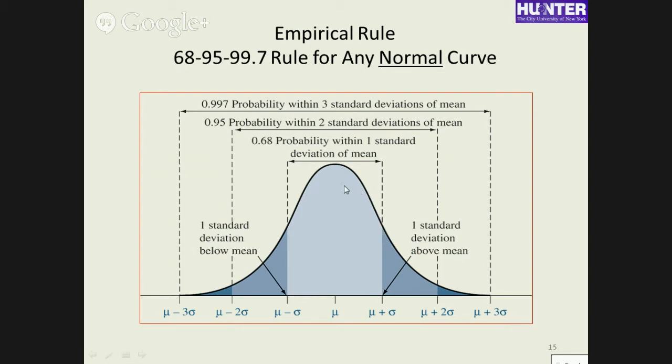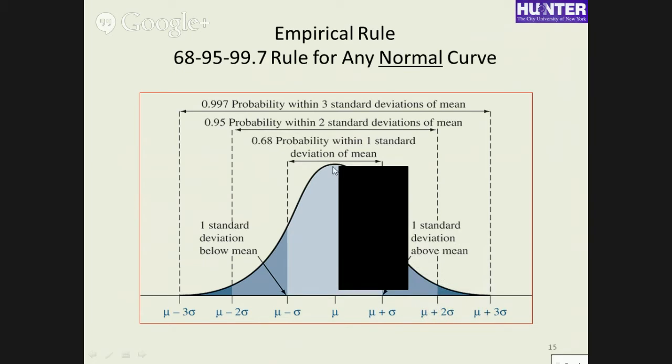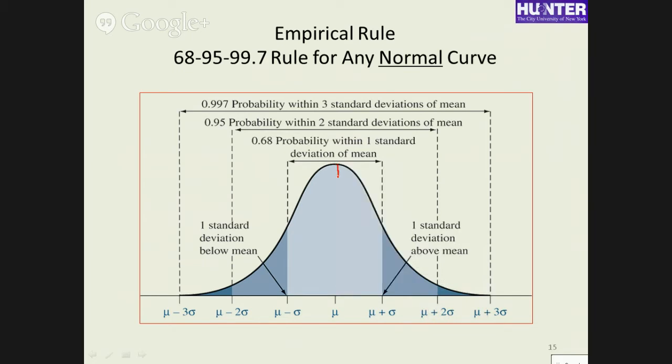Quick question. If we go from the center to 2 standard deviations to the right, so from here, see if I can draw on this slide. So from the center to here, how much area is that?